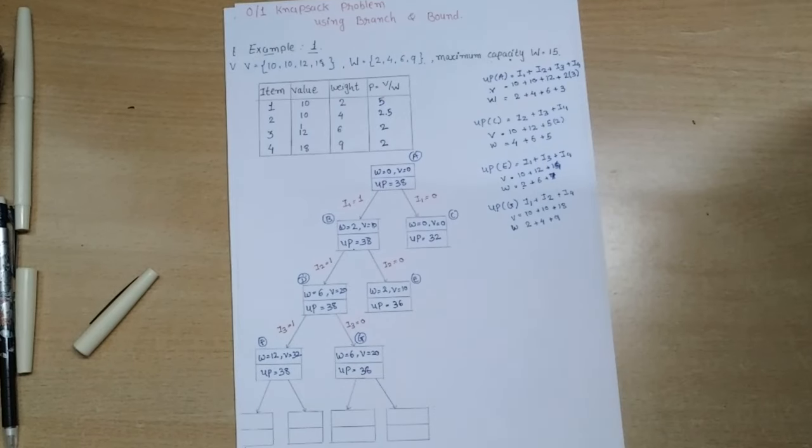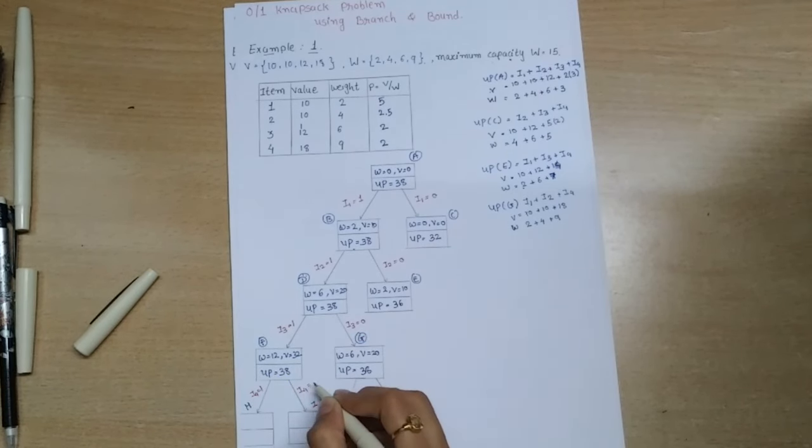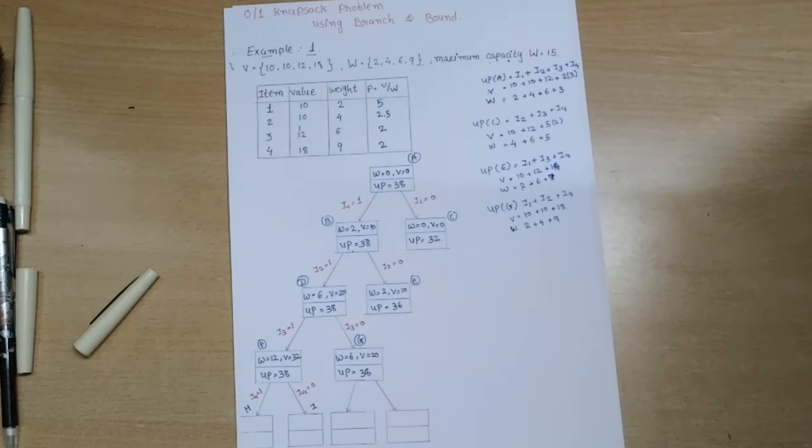Now let's further explore the node F. Let's name them H and I. Here we are considering item 4, and here we are not considering item 4.